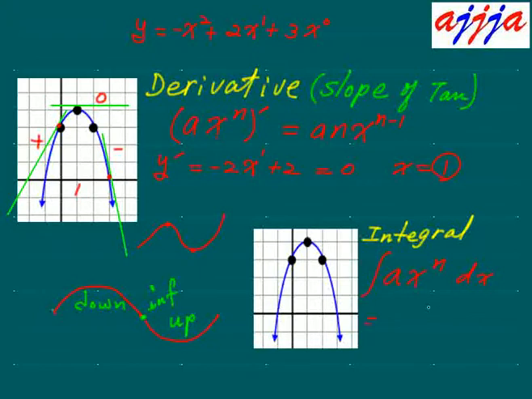Then simply, you're going to increase the exponent by 1, instead of decreasing. You remember? Then ax to the n plus 1, and over this is a divide by that exponent, not times n plus 1. That's it. So this is integral.